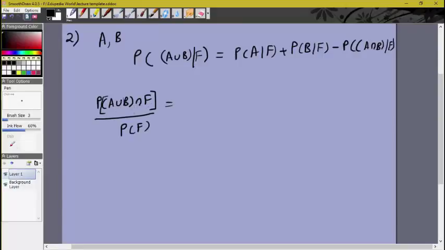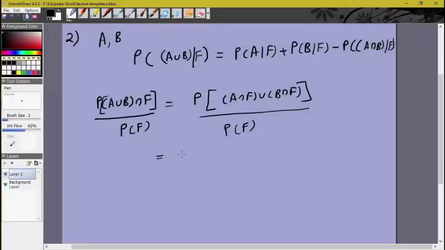We know the distributive law when we have a union and an intersection with the bracket in between. So this will be equal to P of A intersection F union B intersection F. Right, so we just took A intersection F and then B intersection F, basically like opening the bracket. This is a property you already know. And then we have divided by P of F.